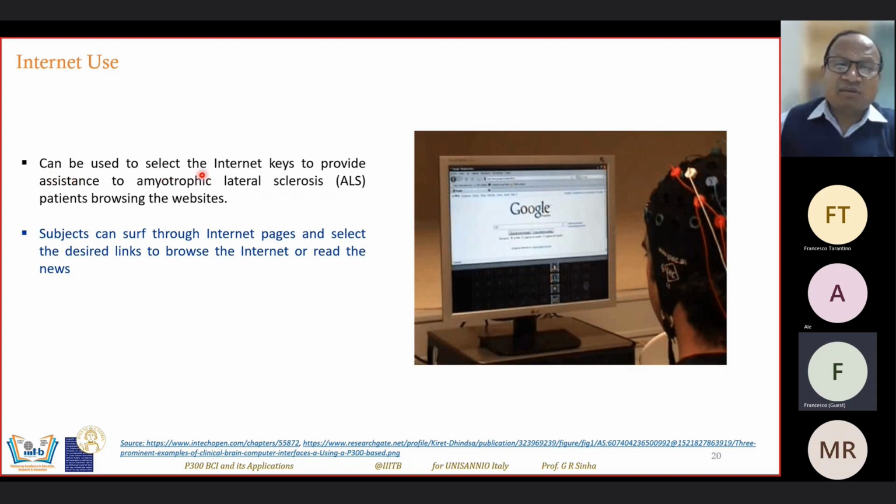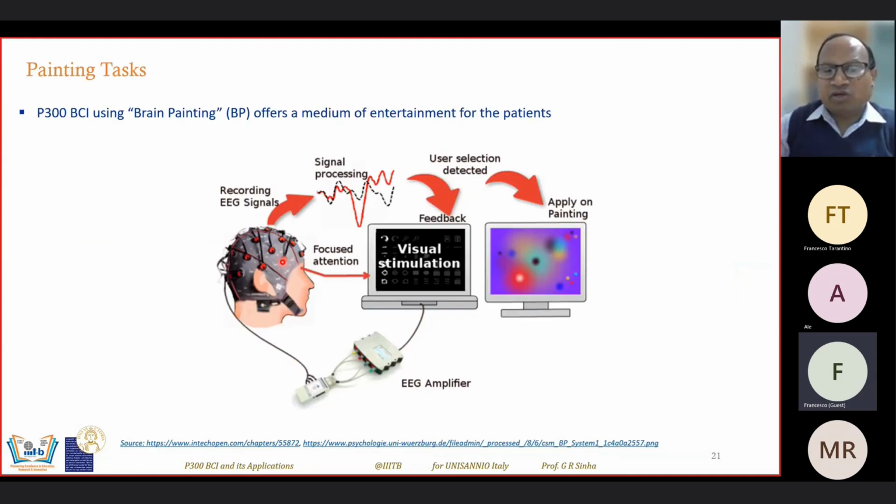P300 can be used to select internet keys to provide assistance to amyotrophic lateral sclerosis. This is a disease, and patients suffering from it have difficulty browsing websites. So that person can be assisted by the P300. Subjects can surf through internet pages and select the desired links to browse the internet or read the news or can watch some entertainment program.